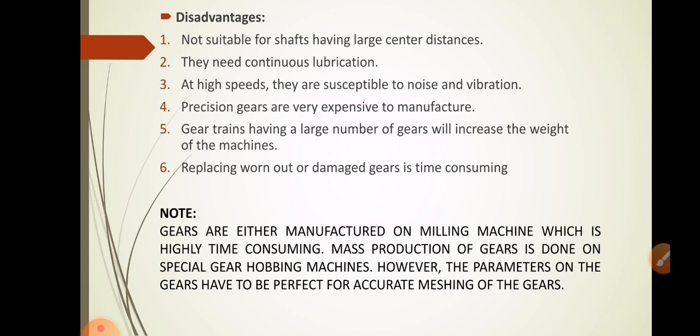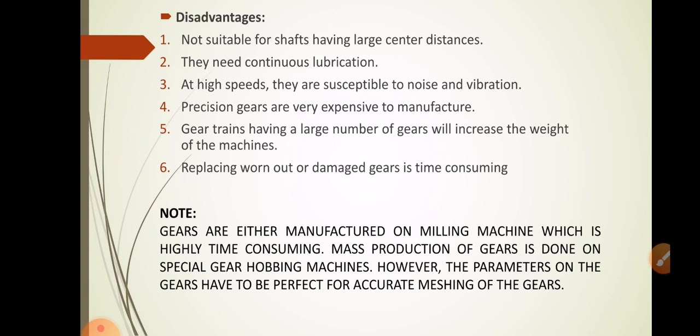There's one point you can remember. Since we have seen all these different types of gears, and they are very complex in their features and construction, how are they produced, especially in mass production? Normally, just for the purpose of demonstration, or once in a while, if you want to manufacture gears, you can do it on a milling machine. But mass production is done on special machines called gear hobbing machines.